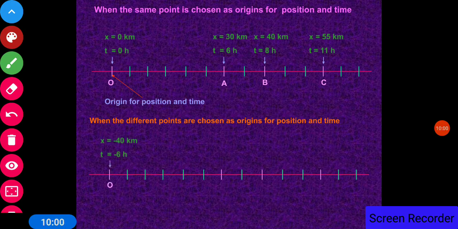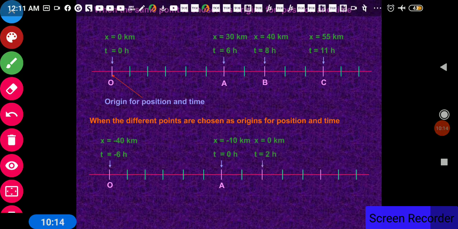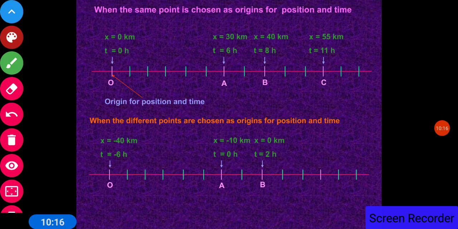Point A is chosen as the origin for time, that is 0, and point B is chosen as the origin for x. x is 0 at point B and t is 0 at point A. Then for point O, x will be minus 40 and t will be minus 6.